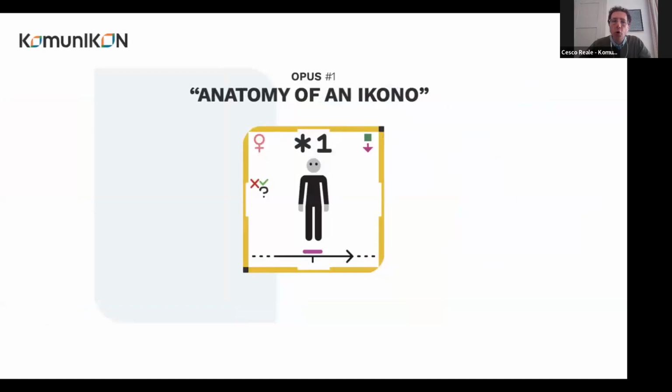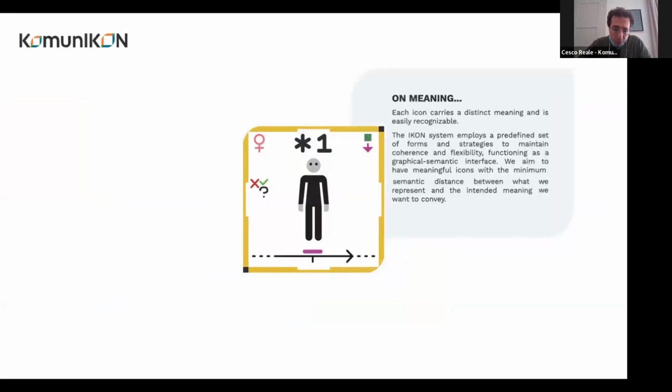Each icono has a visual grammar, or let's say the language has a visual grammar, and as you can see, we have a central part of the icon, plus some external parts that we are going to describe right now. It is very flexible in the sense that, as in any language, we can play with different morphemes and modify the meaning of each icon.